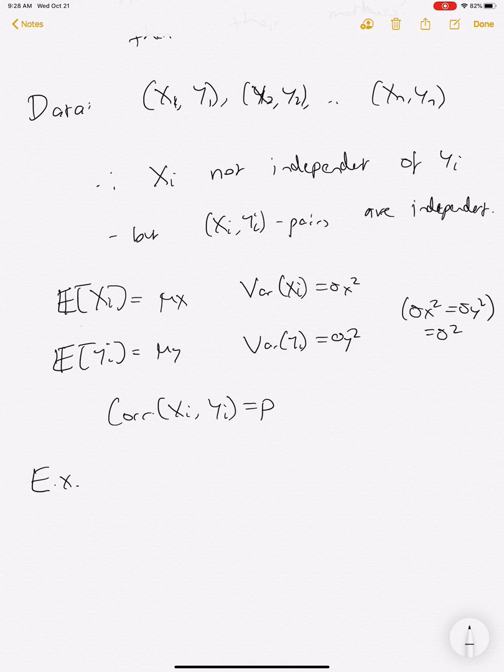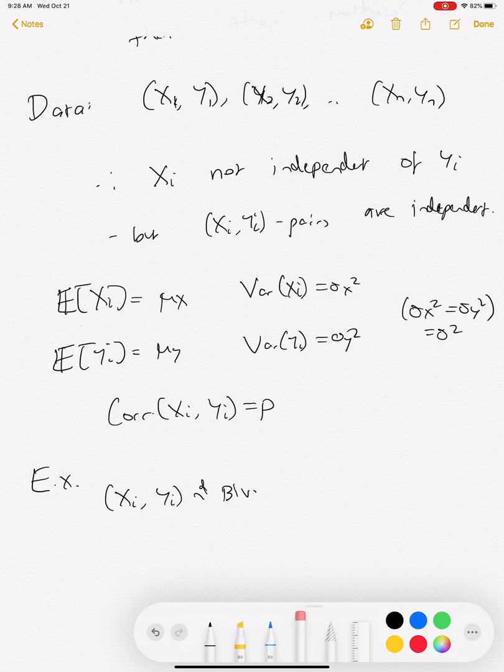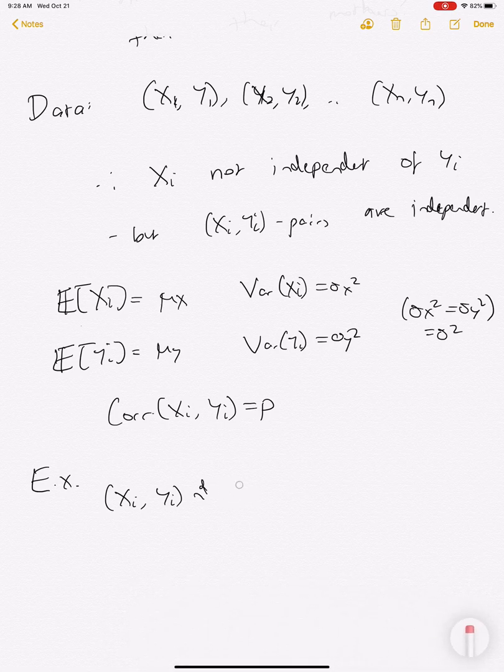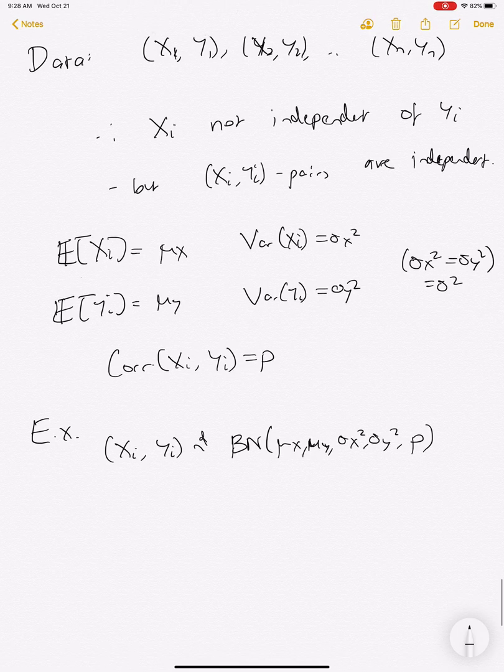And so to take a concrete distributional example, here you have a set of variables that are dependent. So you might have that (xi, yi) is bivariate normal. So I'm just going to use the notation bivariate normal with the means mu x, mu y, variance sigma x squared, sigma y squared, and the correlation rho.